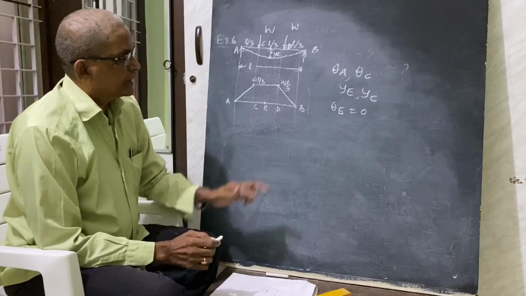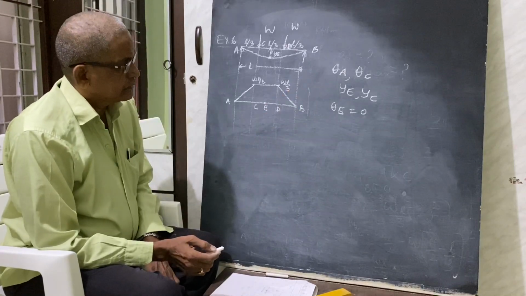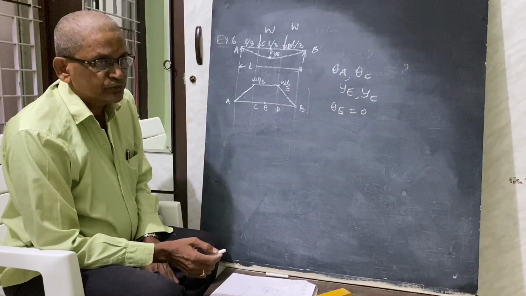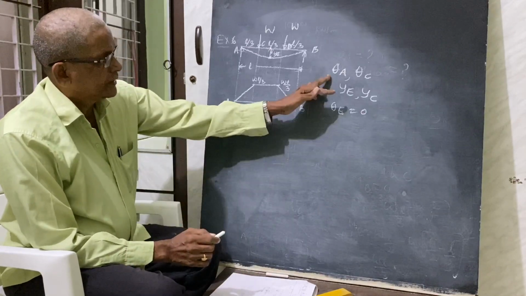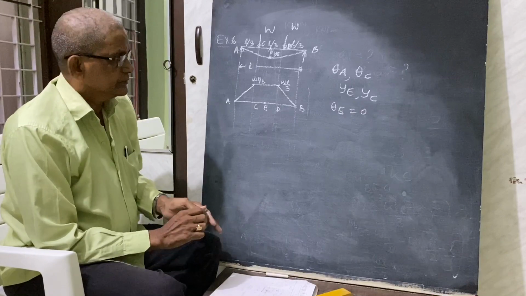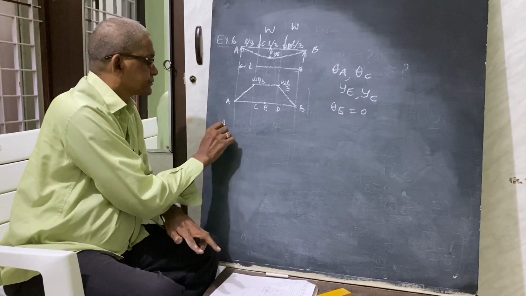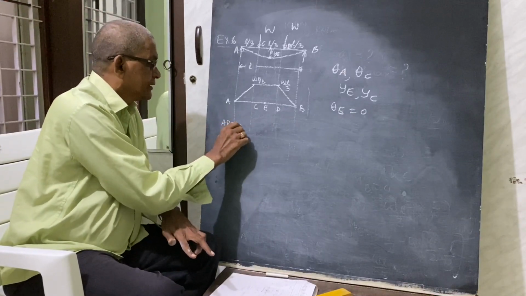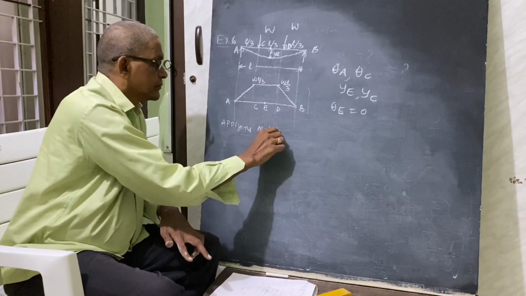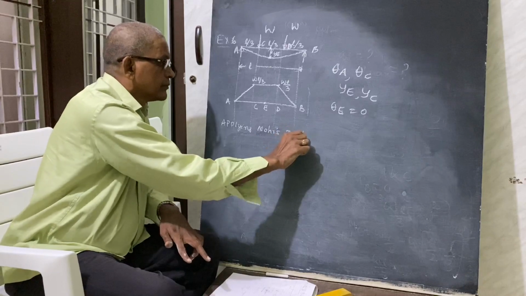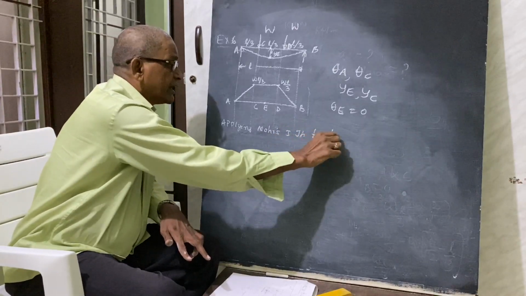Next is you have to find out whatever is asked for by using Mohr's first theorem and second theorem. So to find out slopes you require Mohr's first theorem.